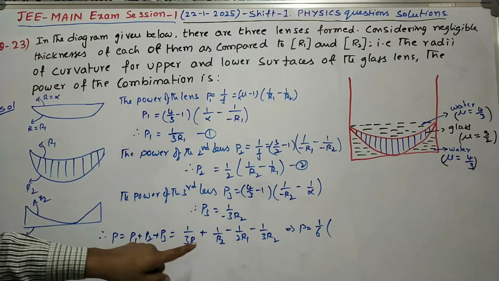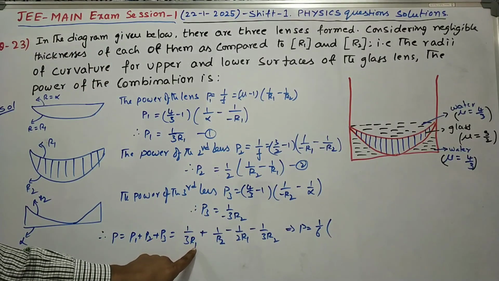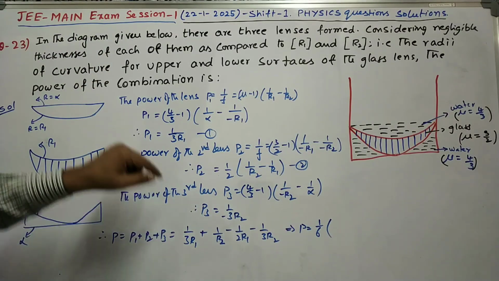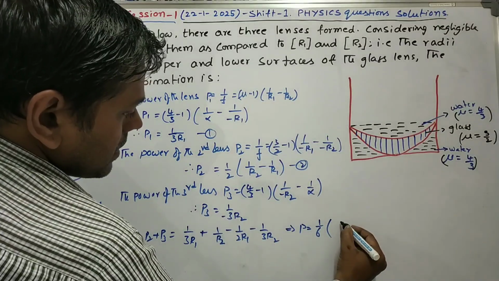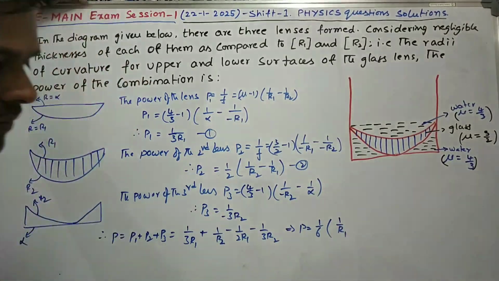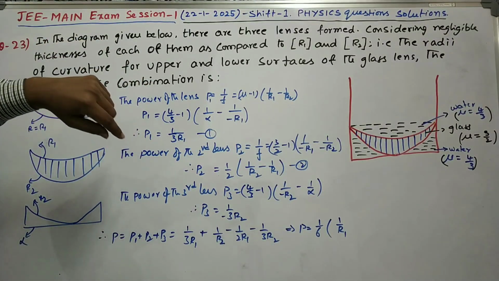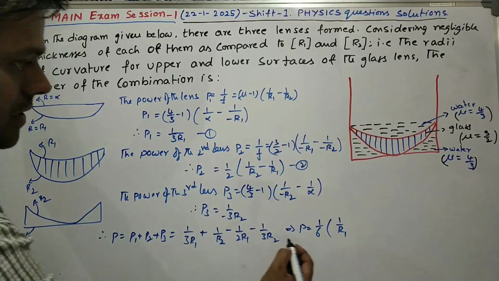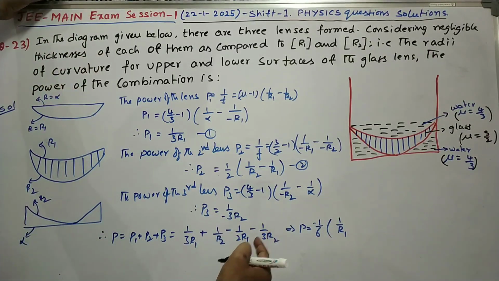You can get 1 by R1 minus 1 by R1, which is equal to minus, taking minus 1 by 6 as common, which is very easy for us.